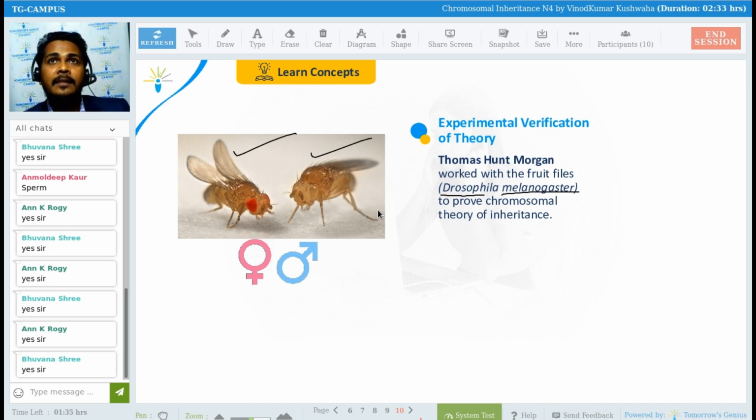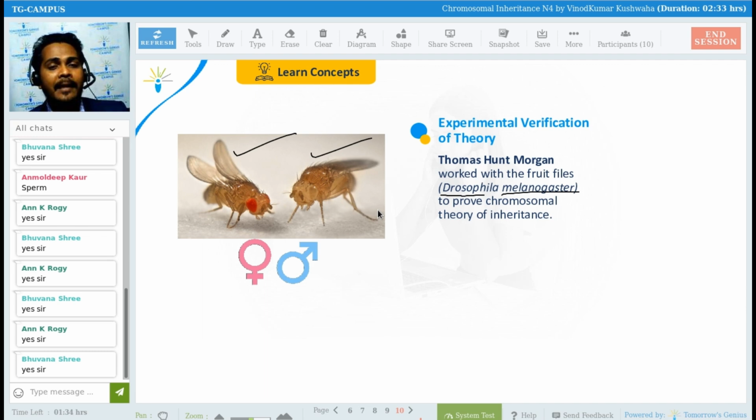Mendel selected the pea plant as a model organism, but Morgan selected Drosophila, which has a lot of good advantages compared to the pea plant. So he studied Drosophila.